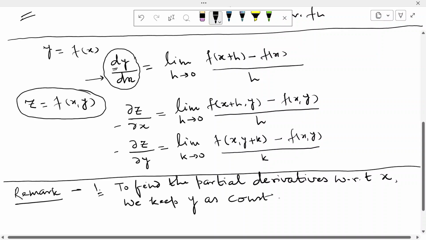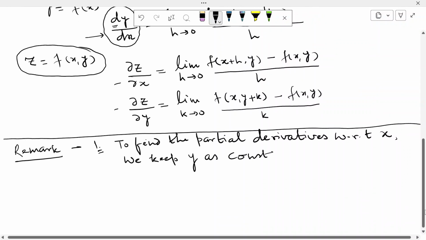When you are performing the partial differentiation with respect to x, we consider this y as constant, and the same way, to find del z over del y, we consider x as constant.